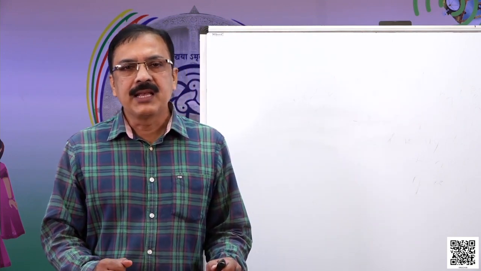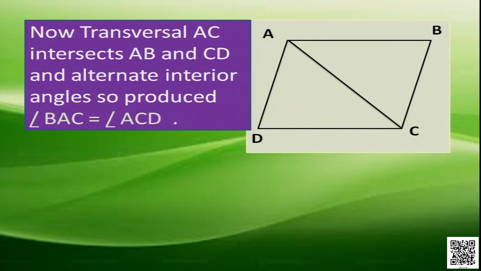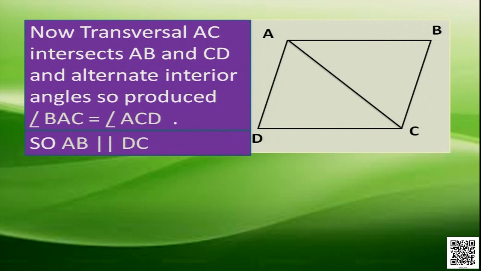Now, transversal AC intersects AB and CD, and the alternate interior angles so produced are BAC, which is equal to ACD. As the alternate interior angles are equal, AB is parallel to CD.